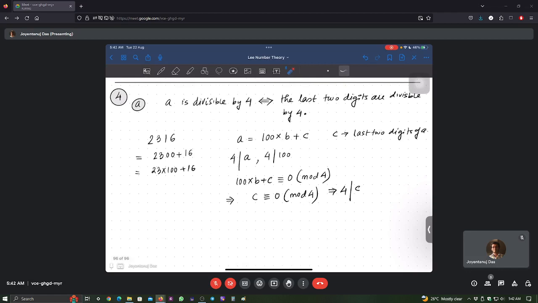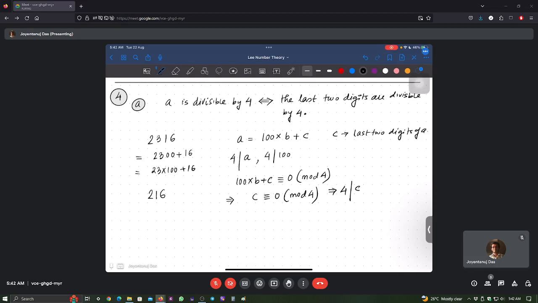So if a number has, let's say, 216, that means that you can build that number having a 100 as a factor: 100 times something plus something.